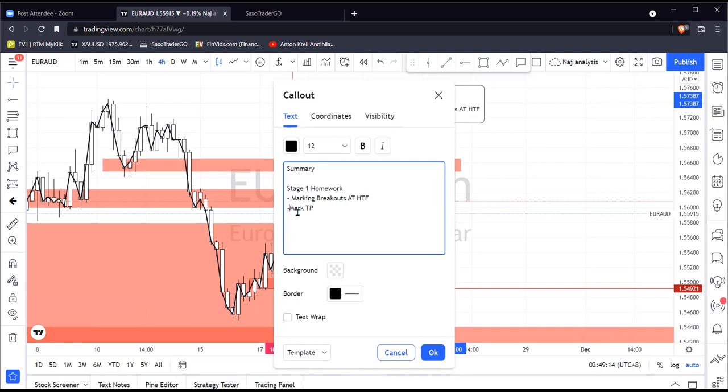Take profit. In other words, A to B, one time frame higher. Marking breakout time frame, mark RB.